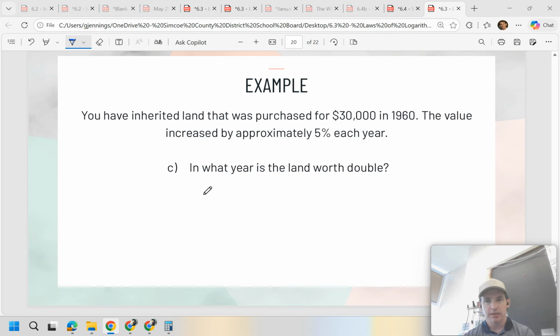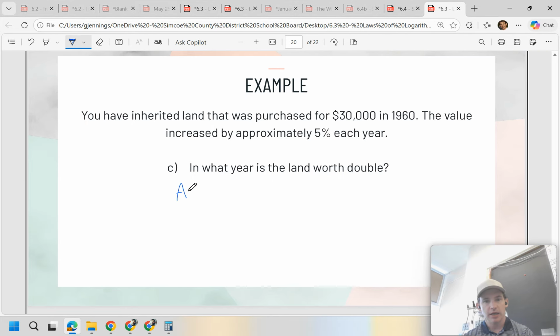Okay. When was the land worth double? This is like saying A equals 60,000 equals 30,000 multiplied by 1.05 raised to the power time, and then we divide, of course. So really what we're looking for is when the total growth factor equals 2.